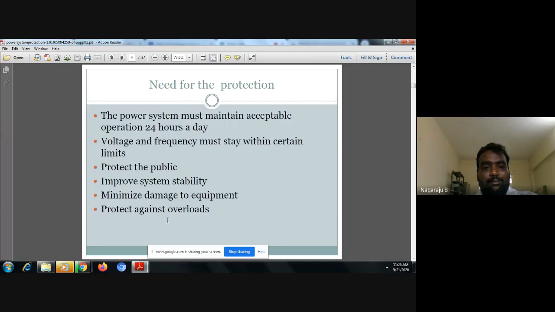What the students said is correct: to protect the public, to improve the stability, to minimize the damage to equipment and to protect against overloads. Like if overloads are there, automatically high currents, high surge currents you will get. Okay, this is the need of the protection.